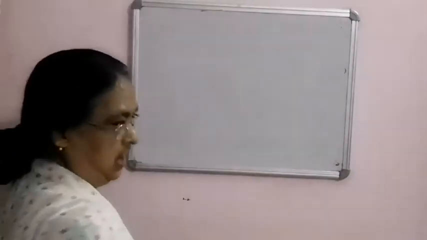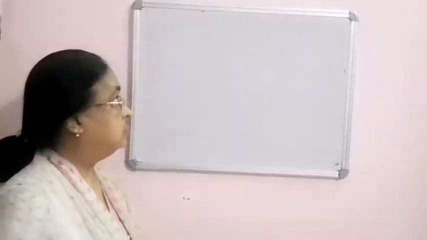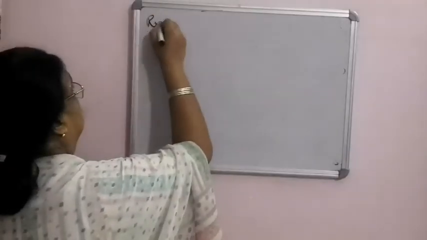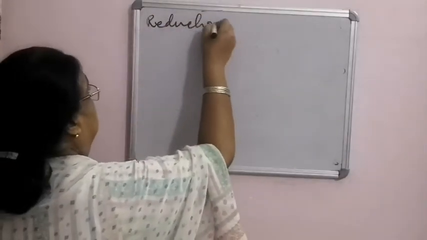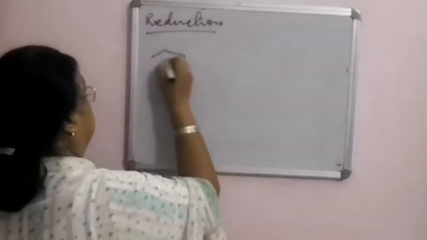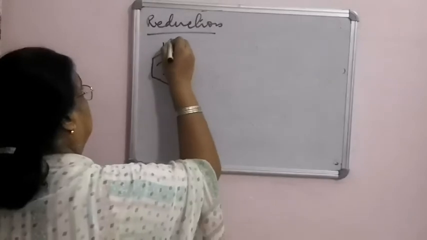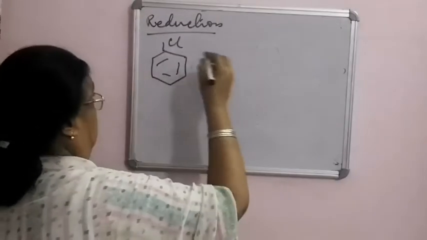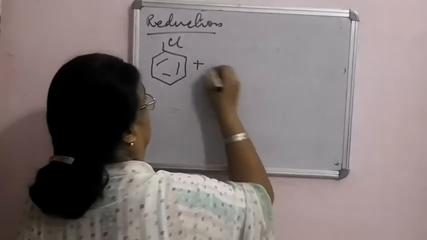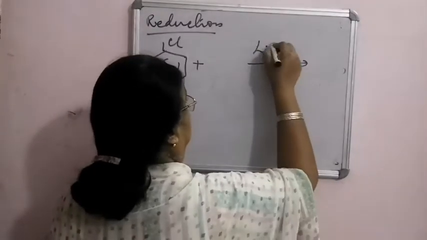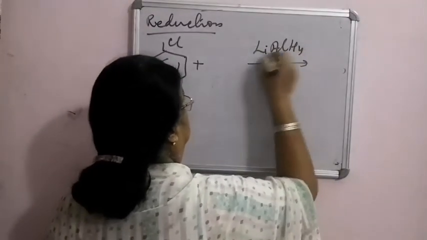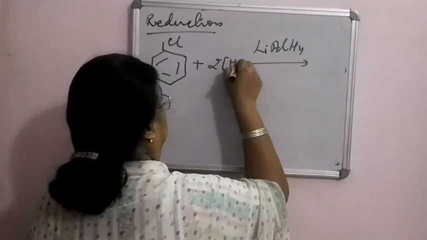Now the third reaction, that is reduction, chlorobenzene reduction. Chlorobenzene combines with lithium aluminium hydride, which is a source of nascent hydrogen.